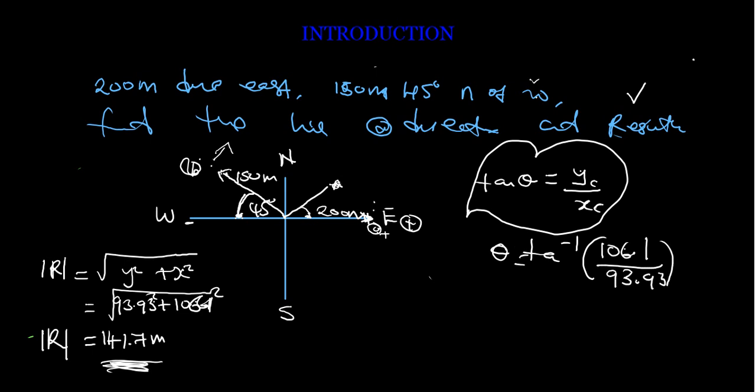When you punch it on a calculator, you're going to get 49 degrees. So that is the direction. Now the direction will allow you to say whether any component was negative. They were all positive, right? So since they were all positive, you do this.